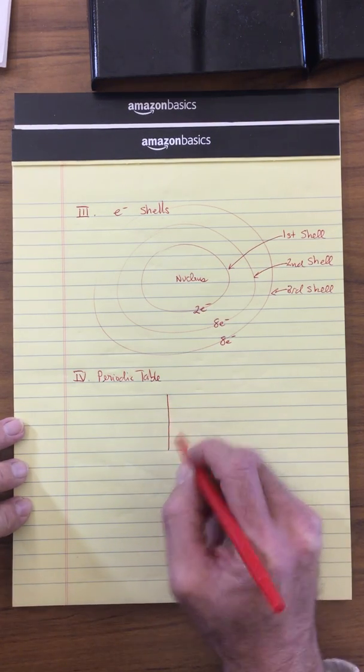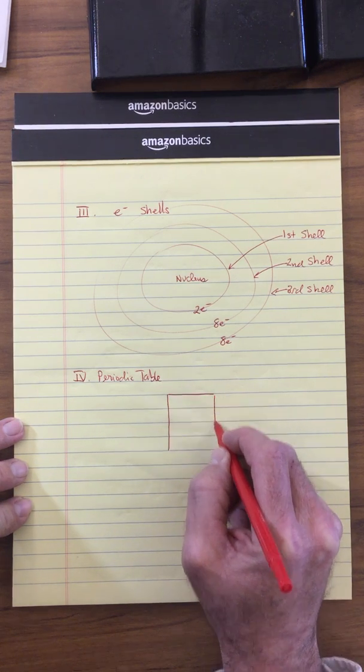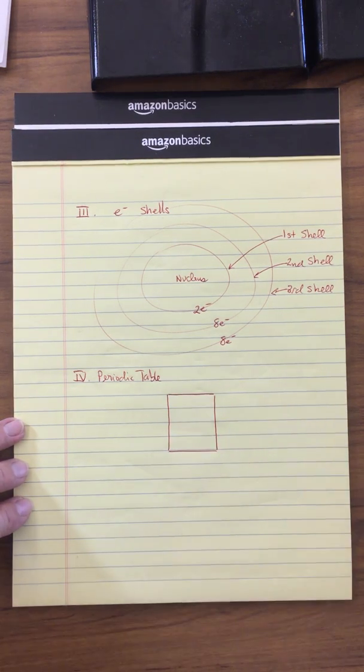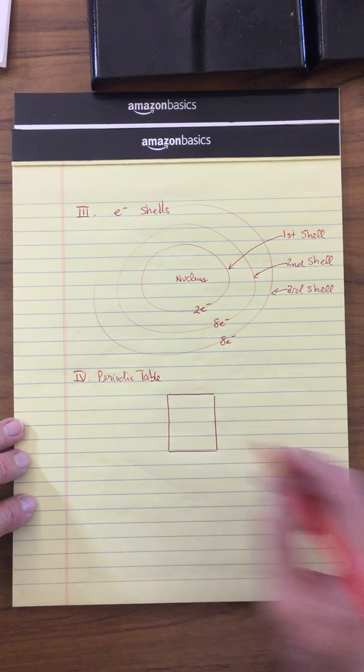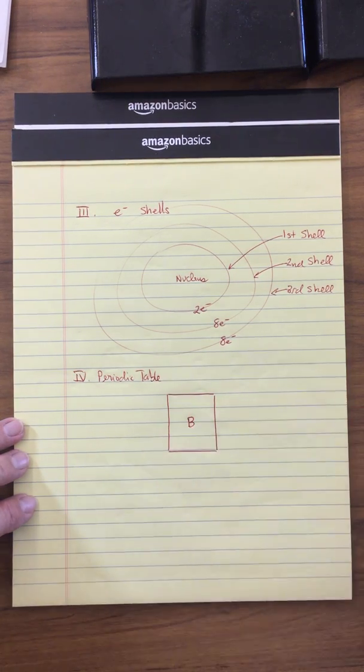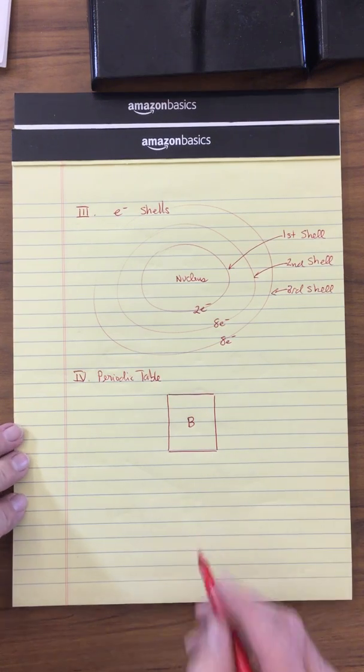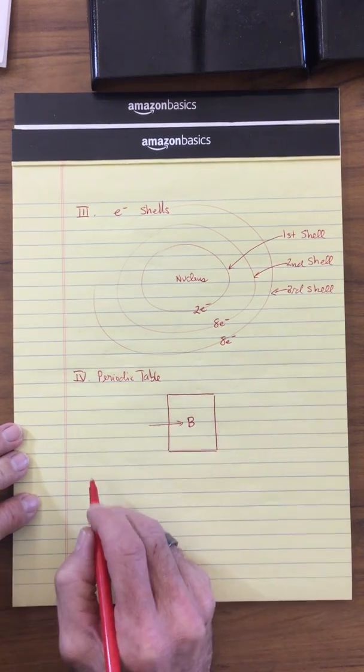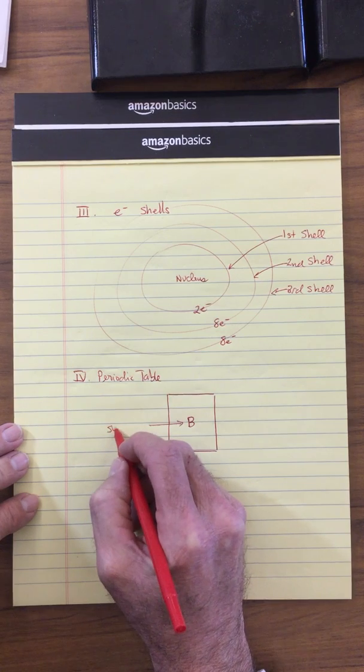If you can draw a box, these are the tiles that occur on the ceiling. And in the middle of the tile for boron is a big capital B. This is the symbol for the element.